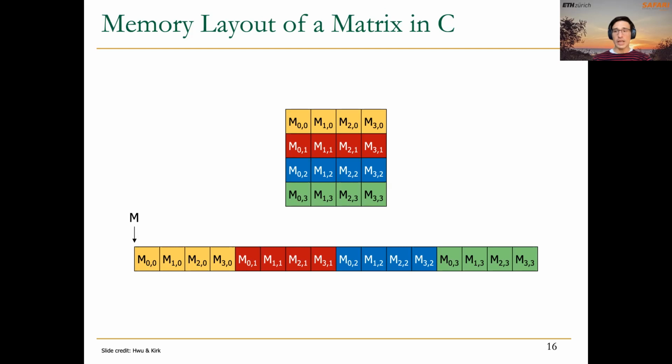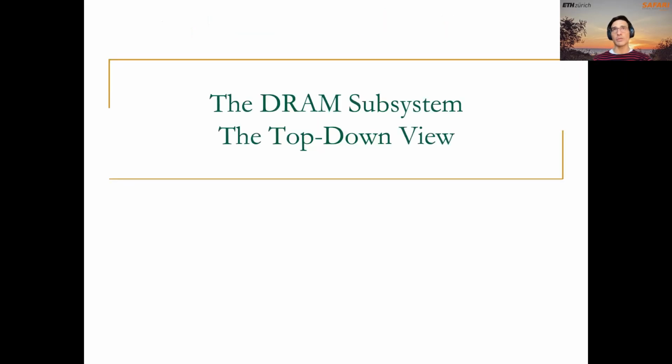But first of all, let me recap and refresh how the DRAM subsystem works with a top-down view, because understanding how DRAM operates is going to be useful and important to better understand the performance considerations that relate to access to the global memory.